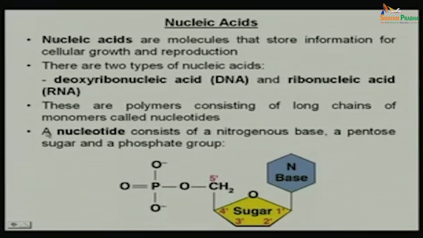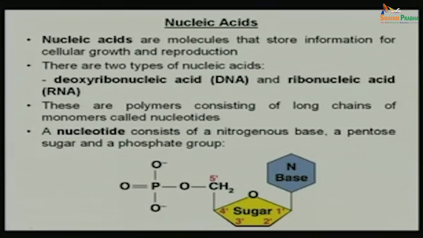So, what is a nucleotide? A nucleotide consists of a nitrogenous base, a pentose sugar and a phosphate group. In other words, in a particular nucleotide, we have a nitrogenous base, one sugar moiety and one phosphate group.